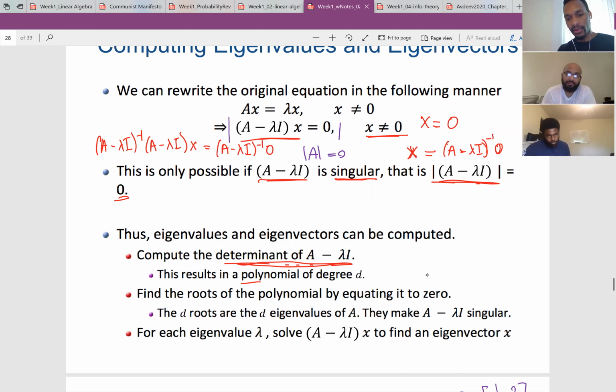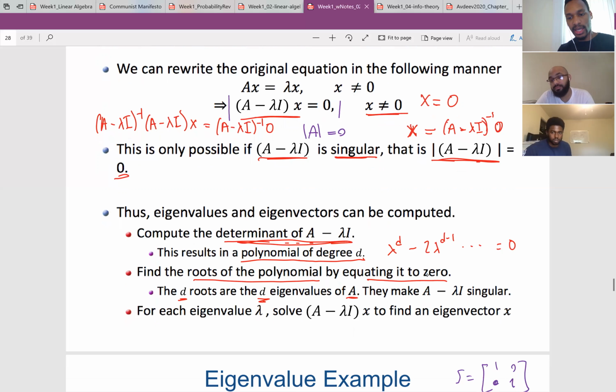And this will result in a polynomial of degree d, as in some lambda^d minus 2 lambda^(d-1) and so on, equals 0. And then you find the roots of that polynomial by equating it to 0. And then the d roots are the d eigenvalues of A, and they make this quantity singular.